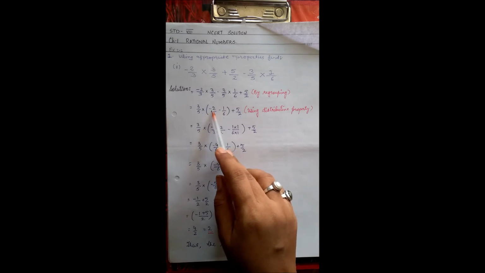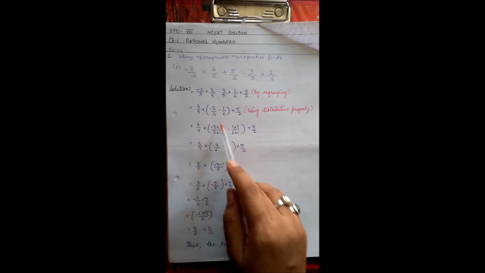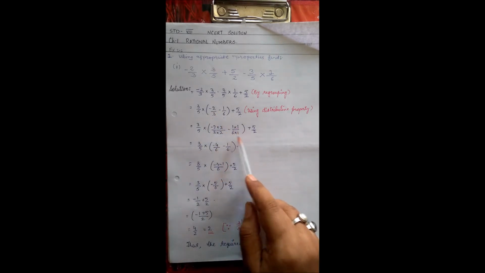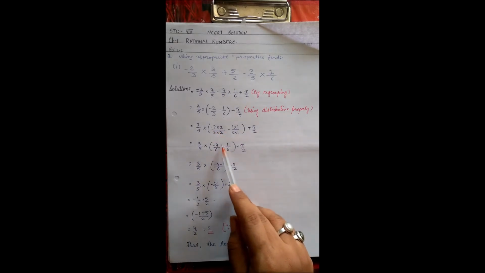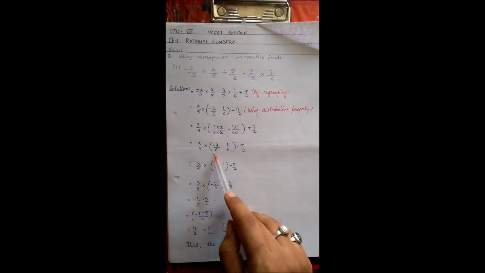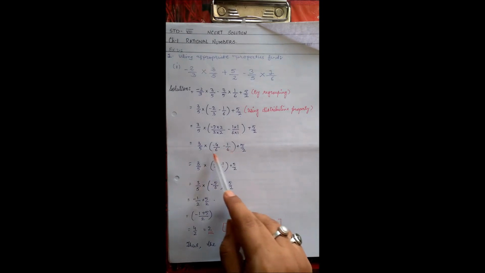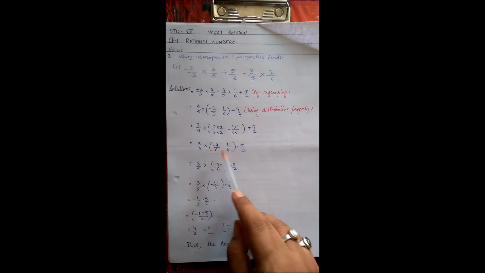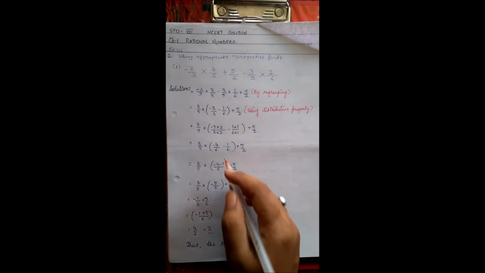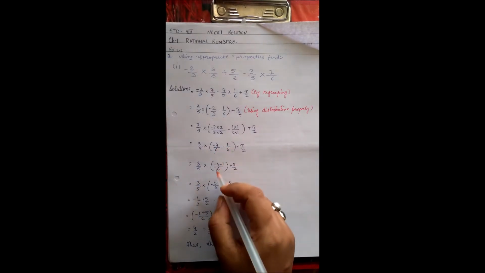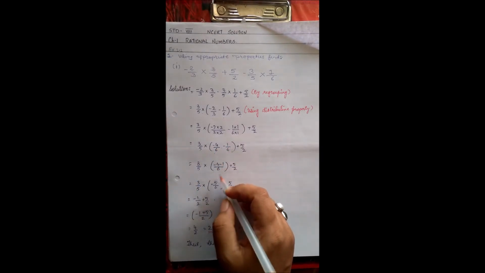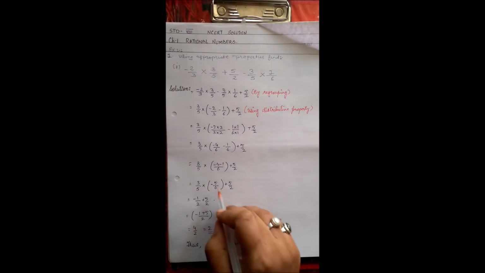Now we will multiply this with 2 and this with 1. So 2 2s are 4, 3 2s are 6. So minus 4 upon 6 minus 1 upon 6 to make it same. Now minus 4 minus 1. So minus 4 minus 1 will be minus 5 upon 6.